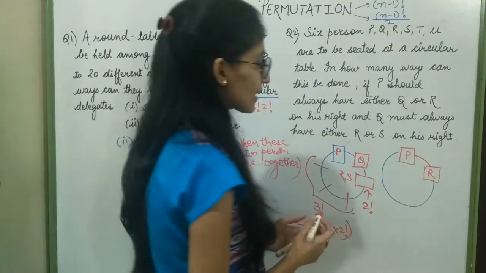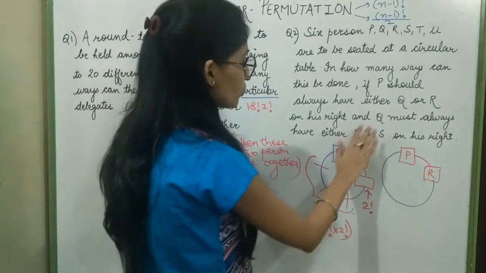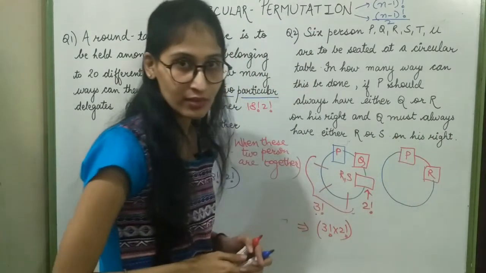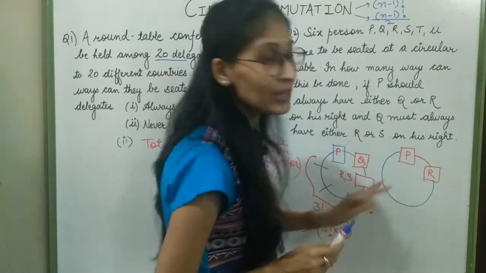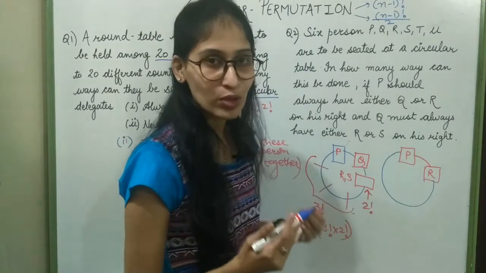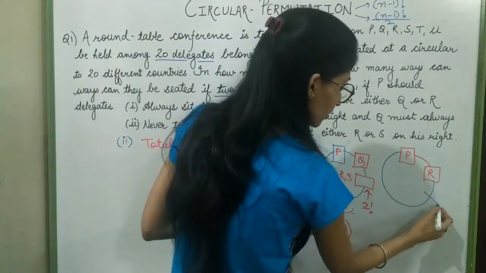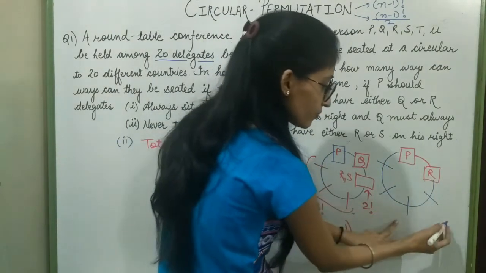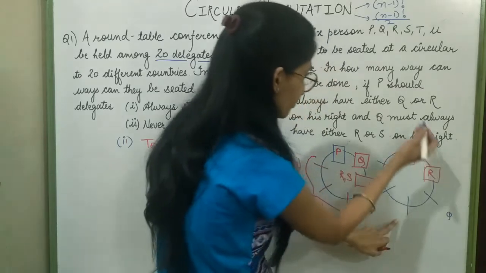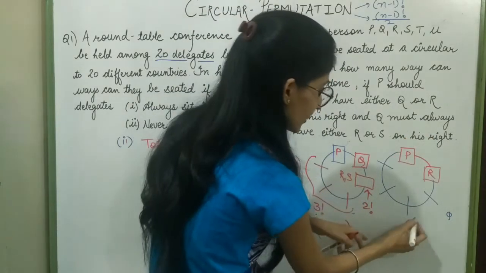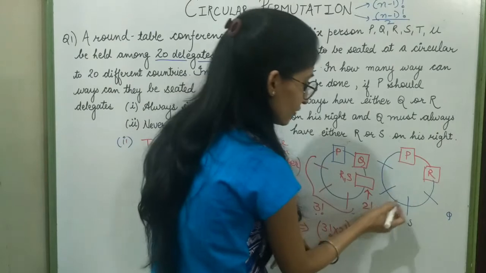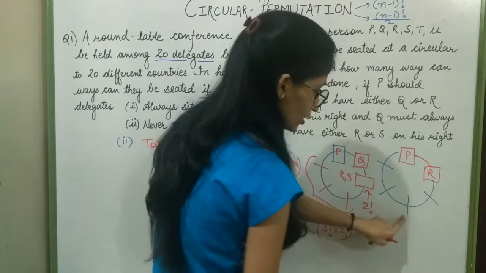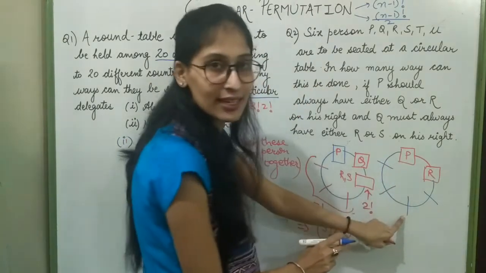Now let's move to our second case. Q must have either R or S on his right. But till now, for my second case, position of Q is unknown. So Q can sit here. If Q is seated here, S can be seated here.